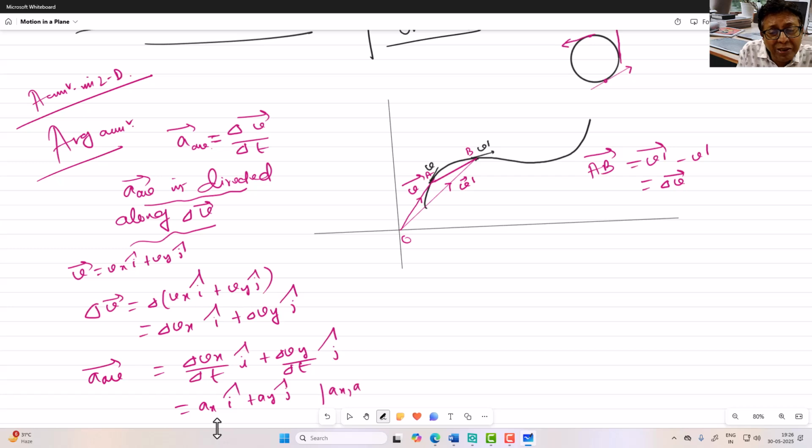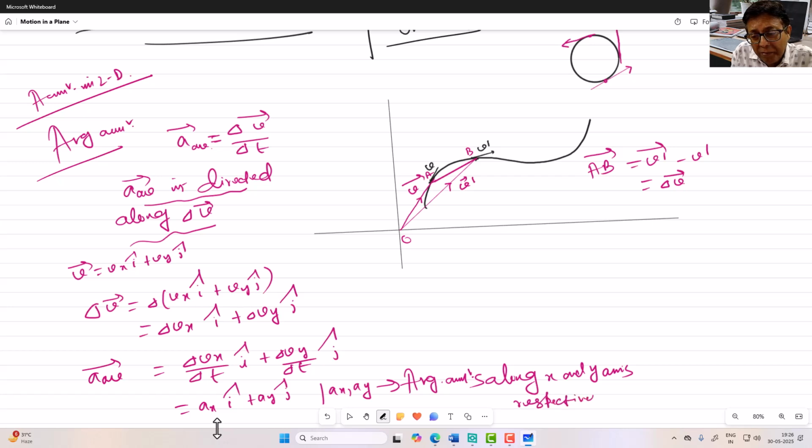Ax, Ay are what? These are average accelerations along x and y axis respectively.